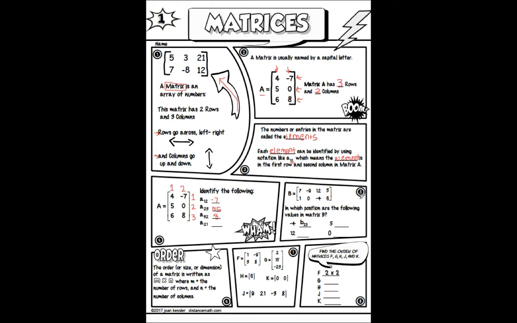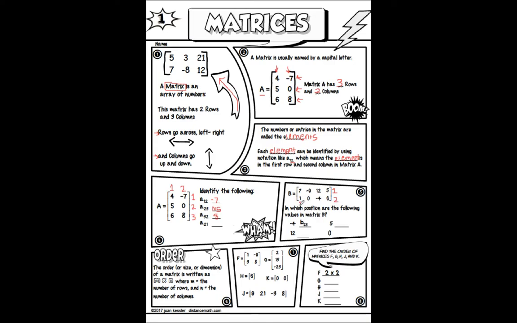All right, box 5. They give us the matrix B equals 7, -9, 12, 5, 1, 0, -4, 6. Which position are the following values in matrix B? So for -4, let's number our rows and columns. This would be the first row, the second row.